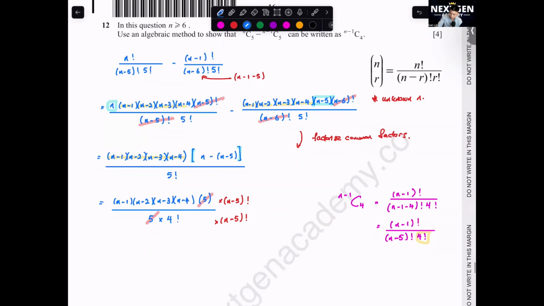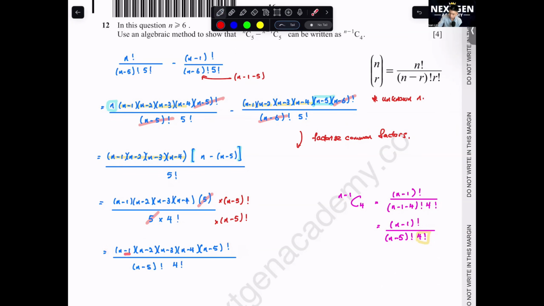So if I rewrite it like this, n minus 1, n minus 2, n minus 3, n minus 4, n minus 5 factorial, over 4 factorial times n minus 5 factorial. Can we simplify the top part?